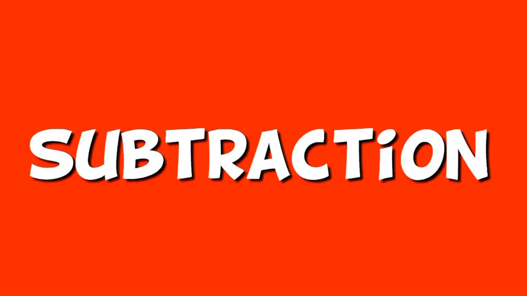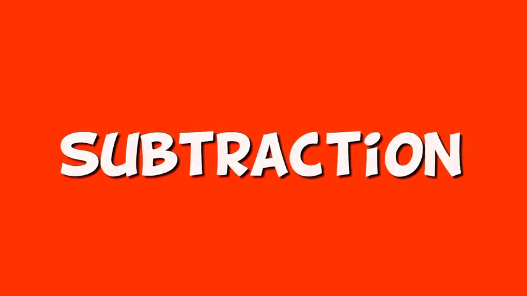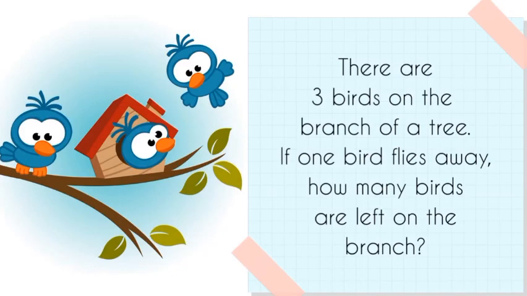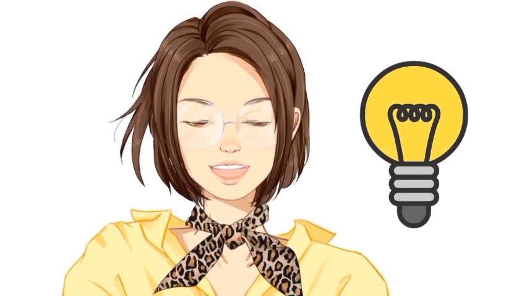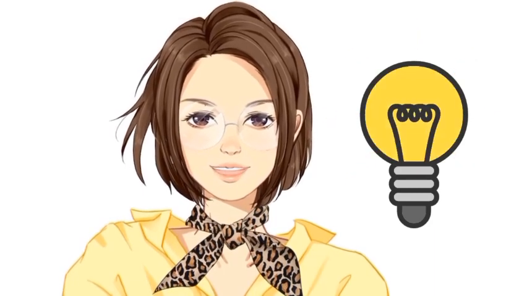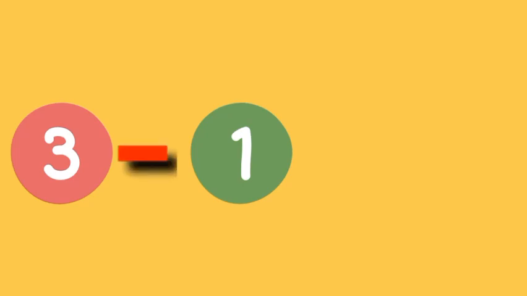Let's have another example. There are 3 birds on the branch of a tree. If one bird flies away, how many birds are left on the branch? Now let's think. 3 and 1. 3 minus 1 equals, how many birds left?